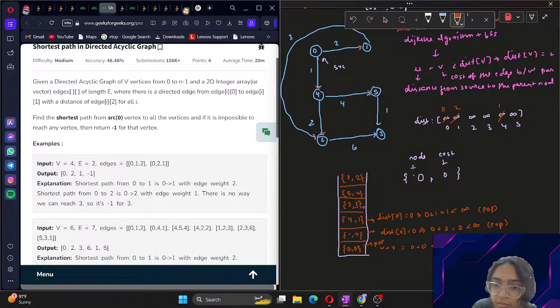So now here the parent node of 2 is 1, because here we got it via node 1, via node 4. Right.